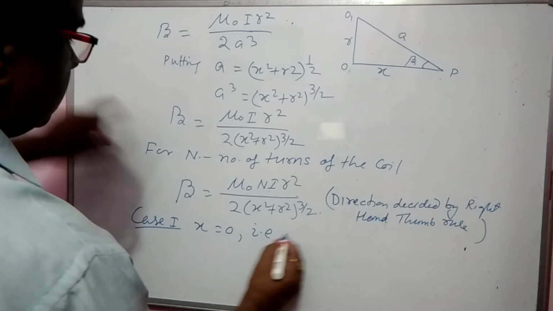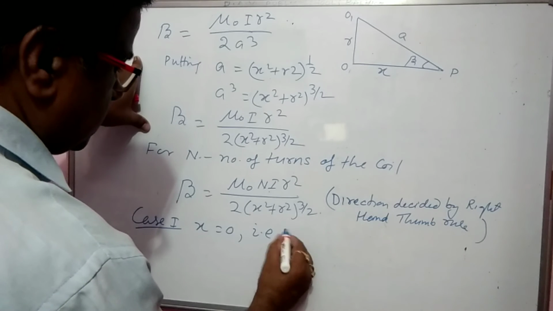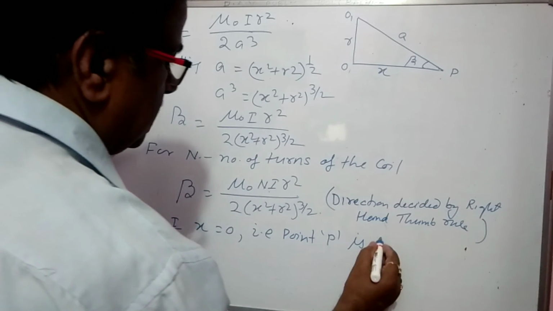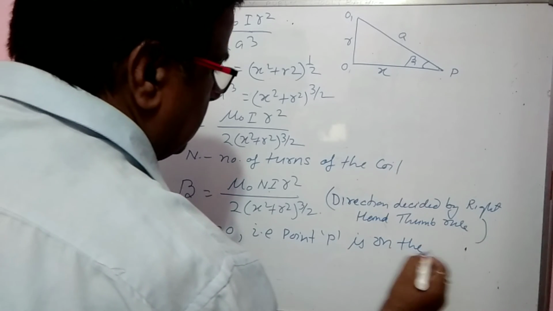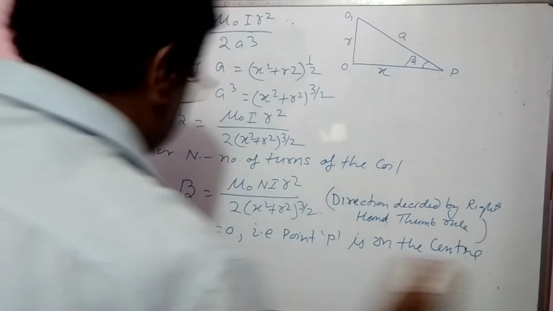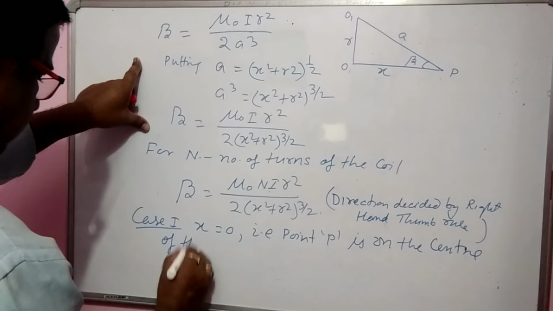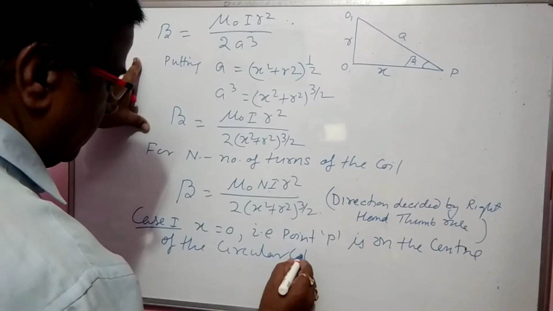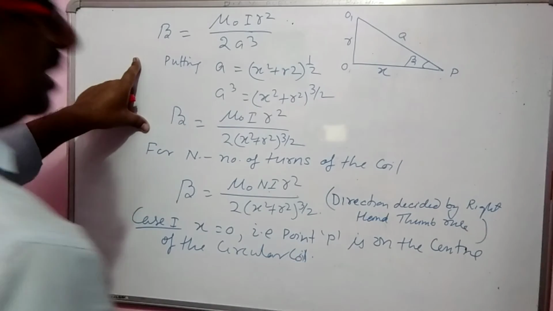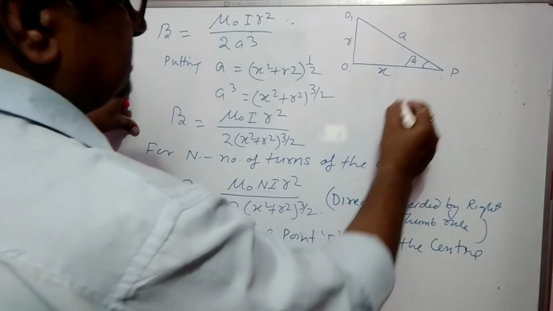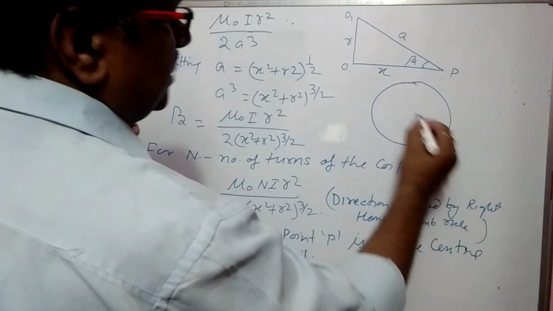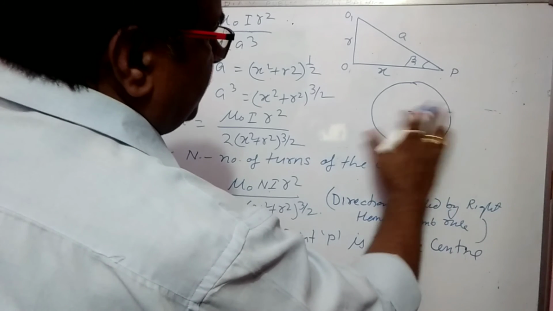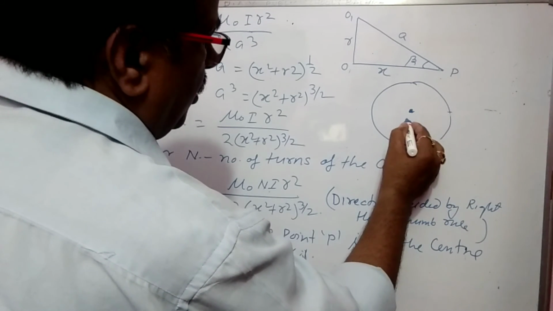That means point P is on the center of the circular coil. It was previously away on the axis, but now this point is on the center O.